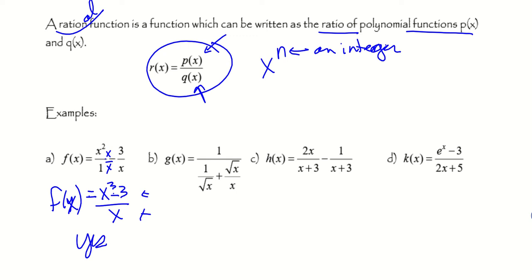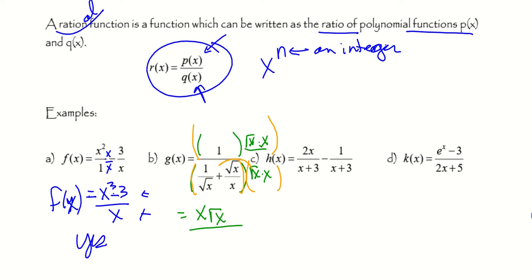In B, we have this complex fraction, which, to simplify, we would multiply in order to divide out my inner denominators. So I would want to multiply by a square root of x and an x on top, a square root of x and an x on the bottom. Multiplying the tops together gives me root x times x over, multiplying the bottoms together.